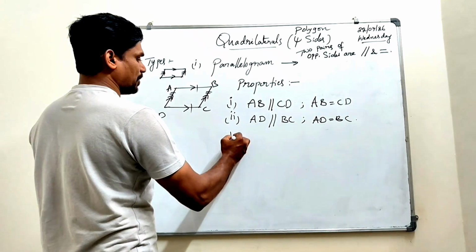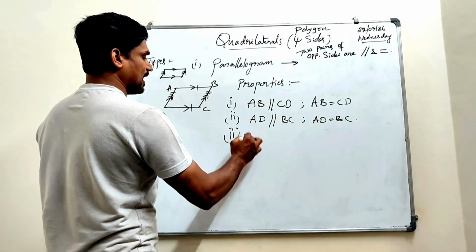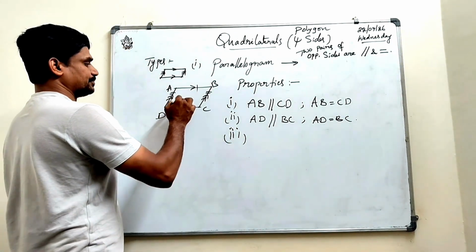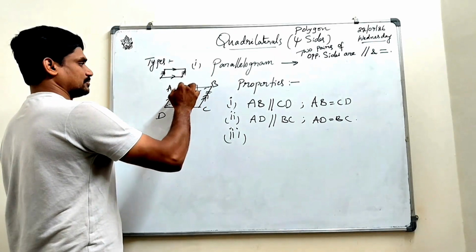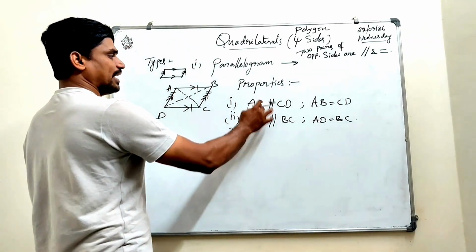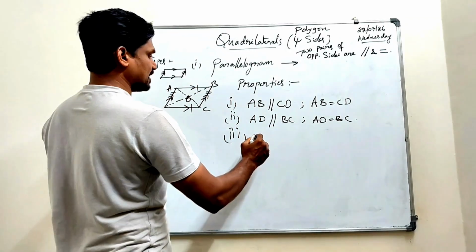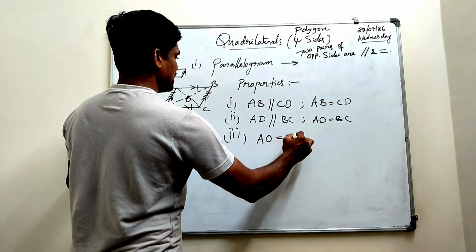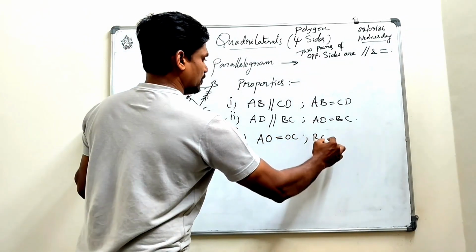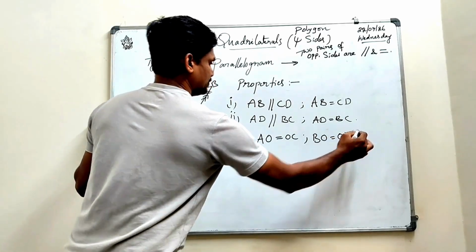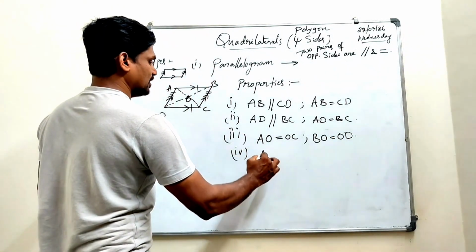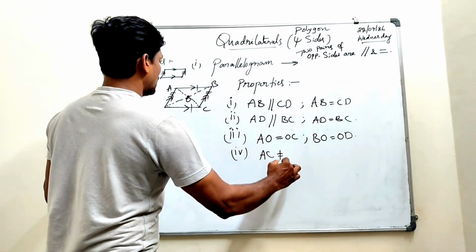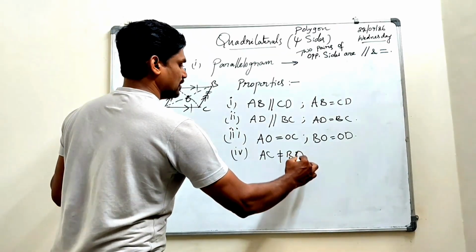Okay. Third property, we talk about diagonals. Now we are done with sides. Diagonals bisect each other. That is, AO is equal to OC and BO is equal to OD. Diagonals are not equal, like AC is not equal to BD.